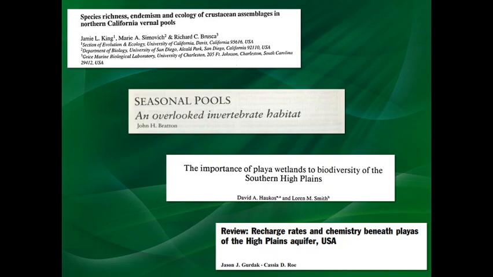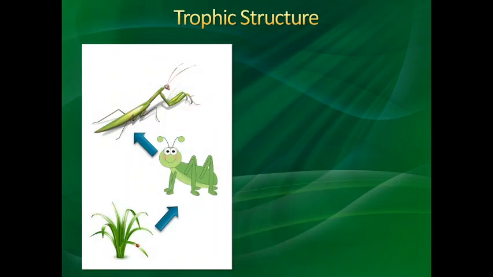But what I want to really look at, and what a lot of my research revolves around, is trophic structure. Trophic structure is how a food web is built: who is there and what those organisms are doing. So when you look at this really simple food web, we just have three players with two interactions going on here.